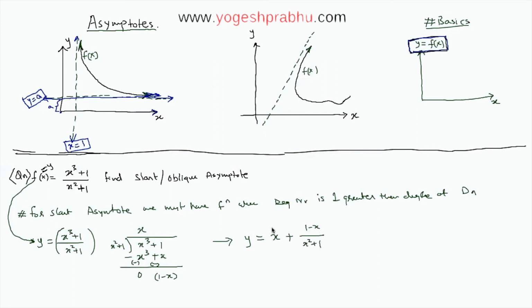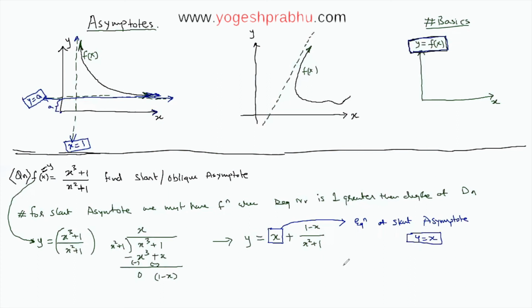Once you get it in this form, this part here is going to be the equation of the asymptote. So from here, the equation of the slant asymptote is going to be y is equal to x.